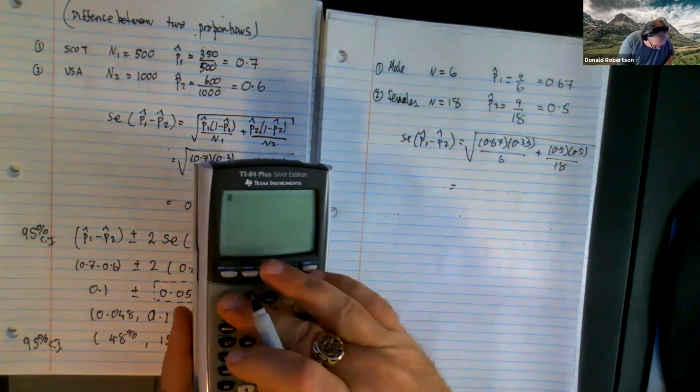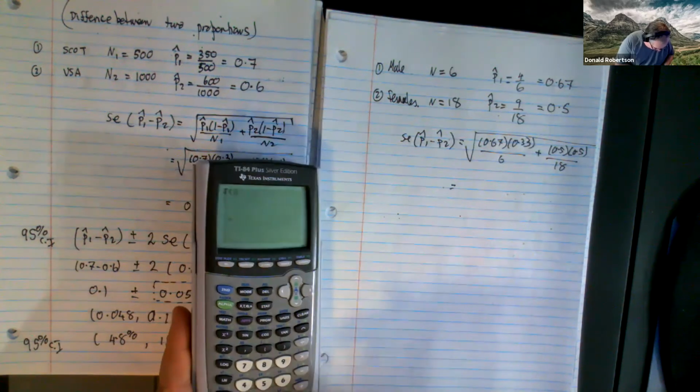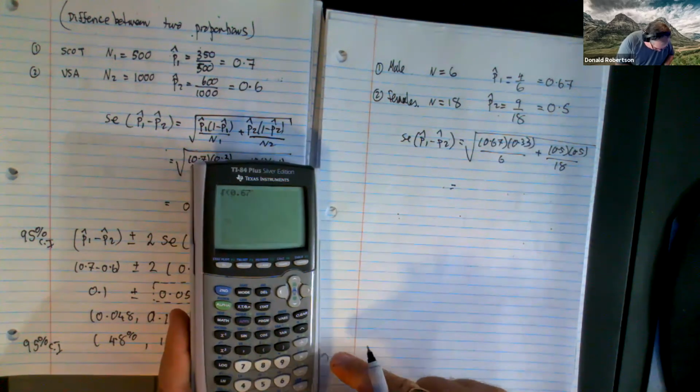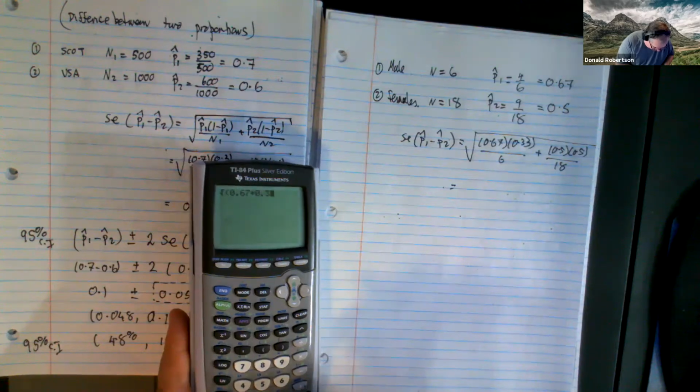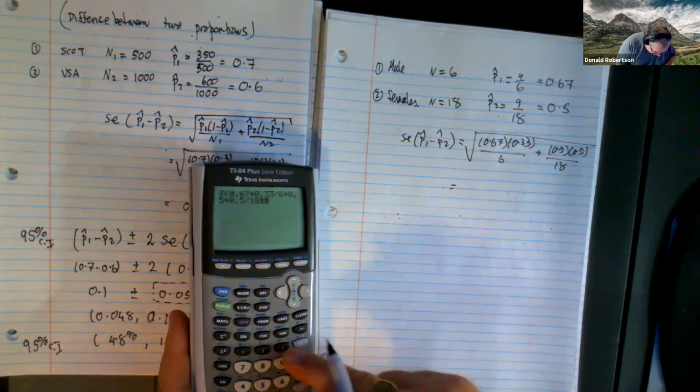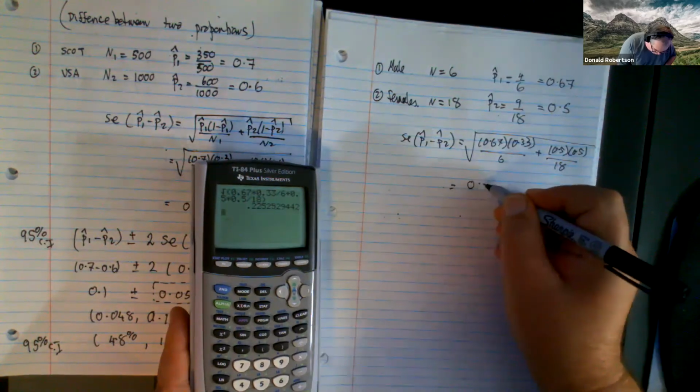And the square root of 0.67 times 0.33 divided by 6, add 0.5 times 0.5 divided by 18 gives me 0.23.